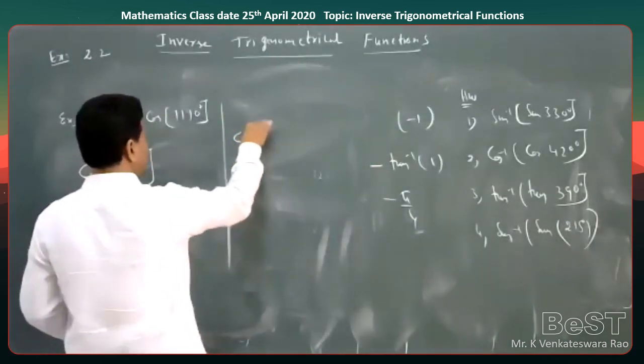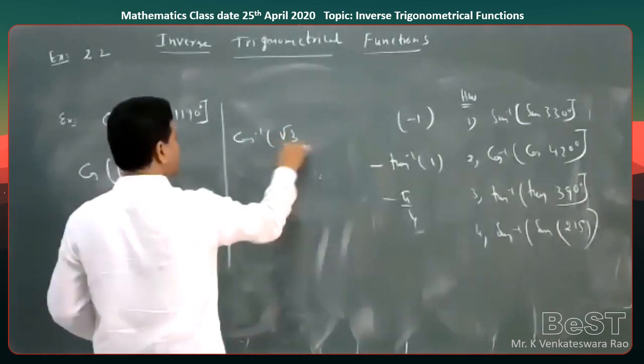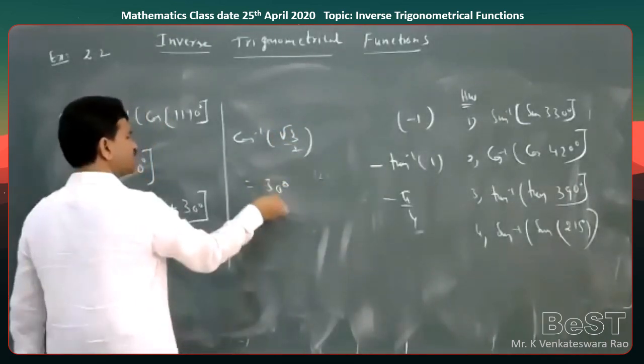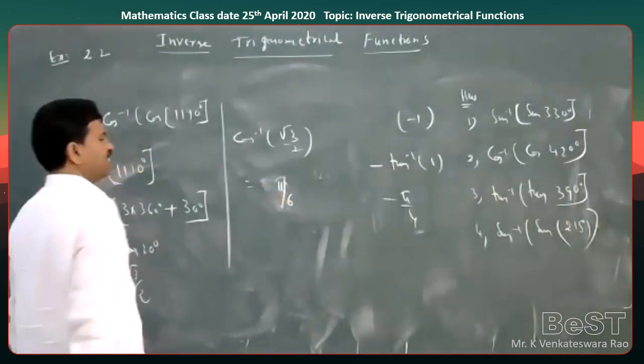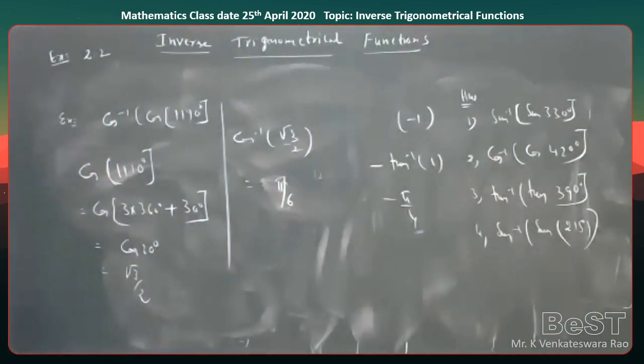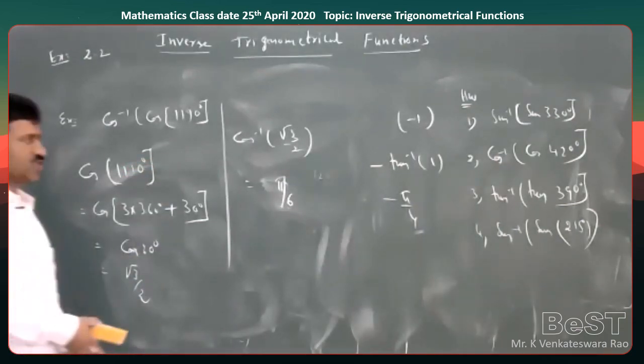Cos inverse of root 3 by 2 is 30 degrees, or pi by 6 you can write. Pi by 6 in radians, in degrees it is 30 degrees. See how many questions we can create like this. There is no limit. Practice your own examples.